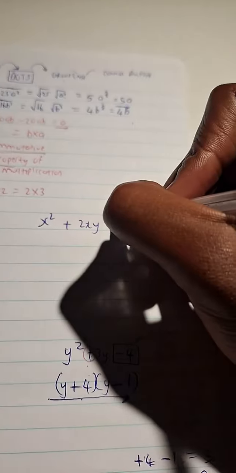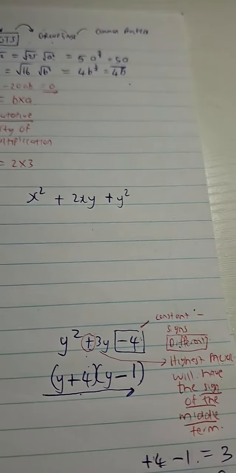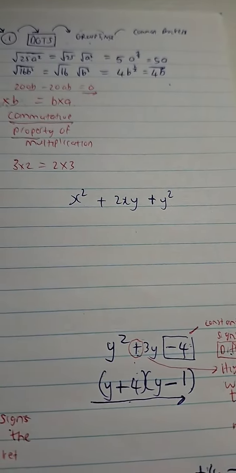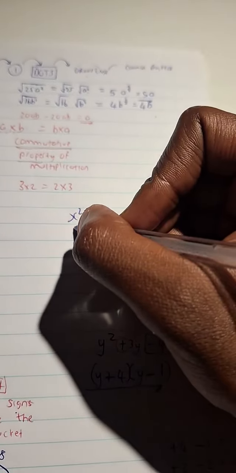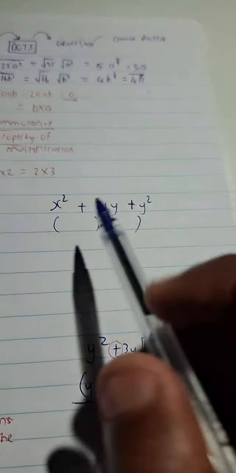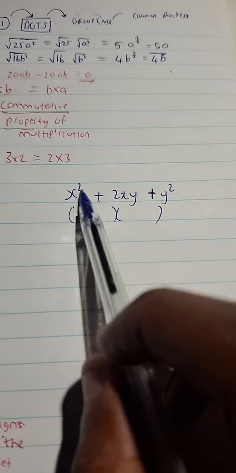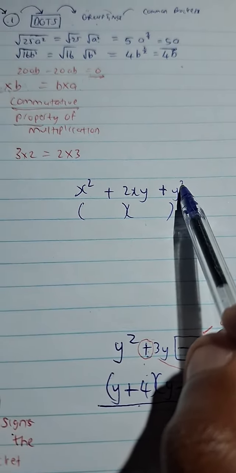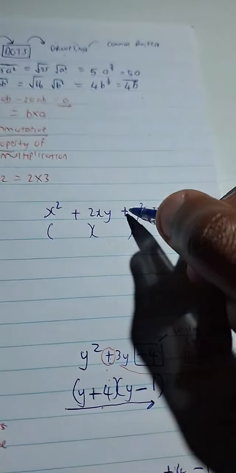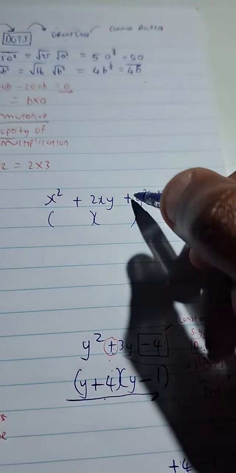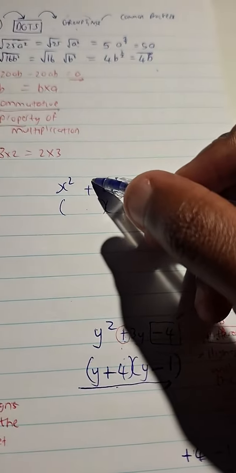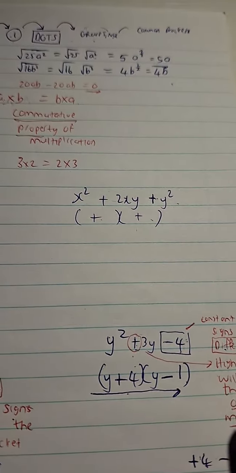Once again, we can factorize this. We are going to open 2 brackets because we can see this is a quadratic trinomial. Plus for the last term means that we're going to have the same signs inside the bracket according to the sign of the middle term. So that means that's plus and plus.